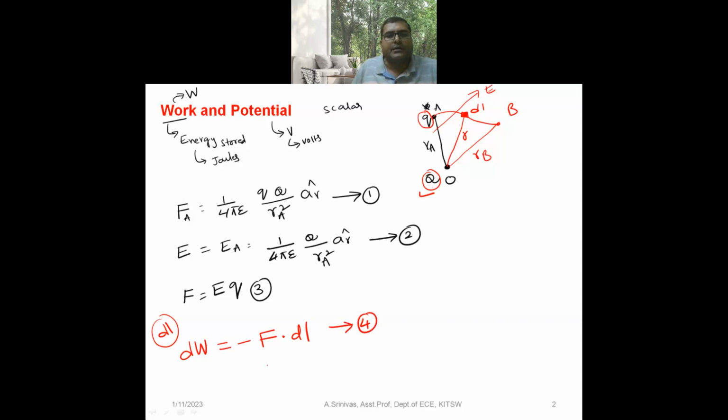Equation 4. Now here the negative sign indicates the work is done against the force.